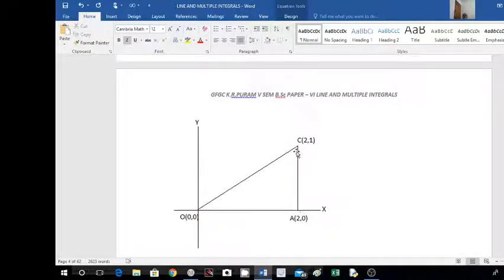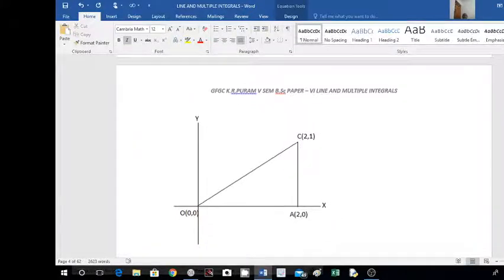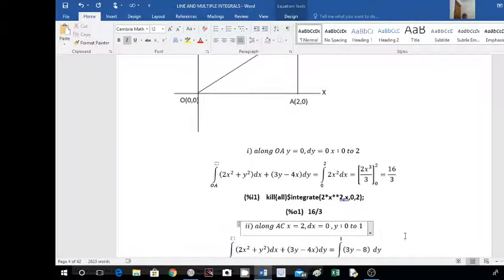If x equal to 2, then what about dx? It is equal to 0, because the derivative of a constant quantity is 0. And what about y? y ranges from 0 to 1. So x equal to 2, dx equal to 0 along this line.